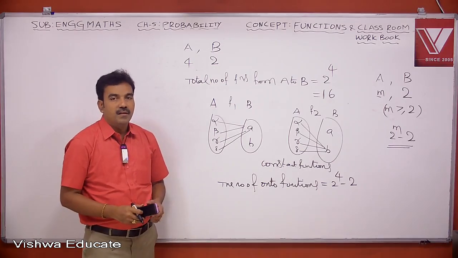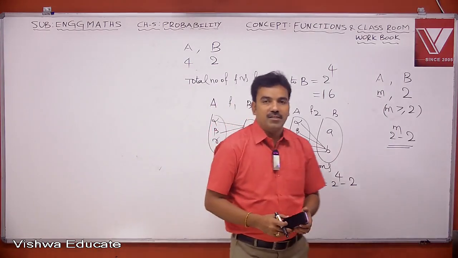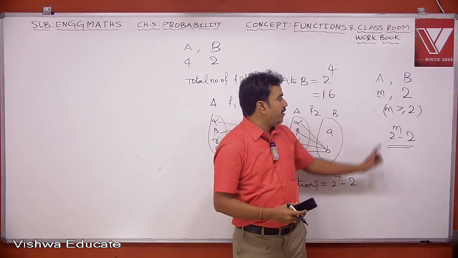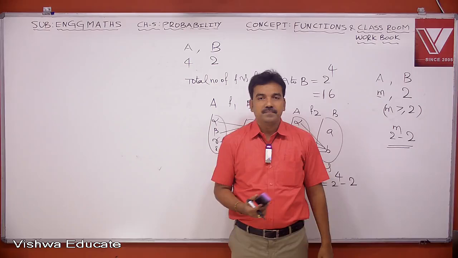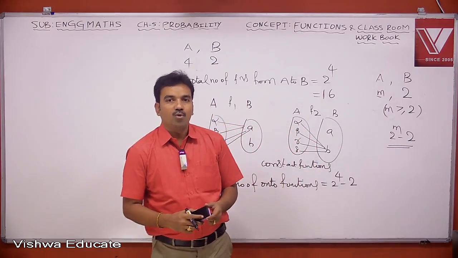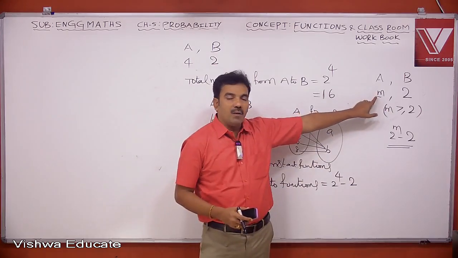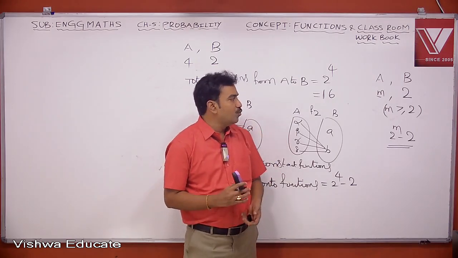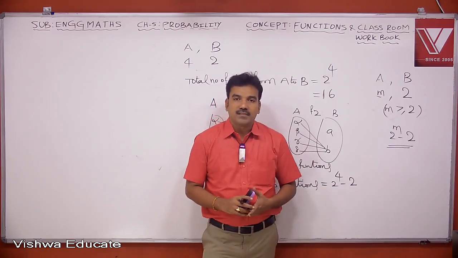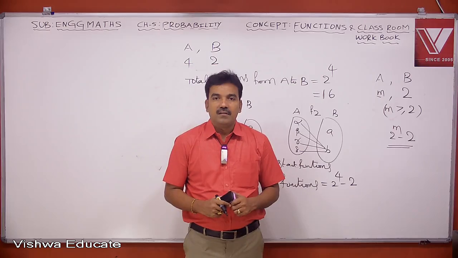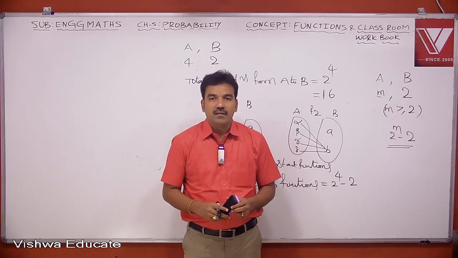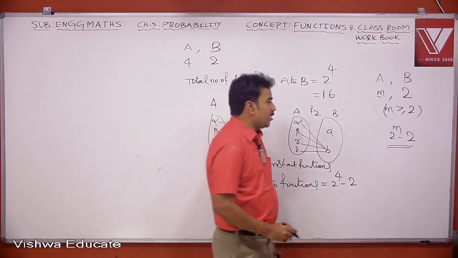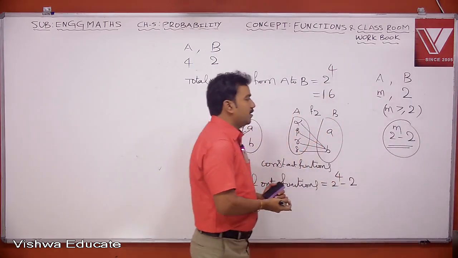Note, if A comma B are two finite sets having m comma 2 elements respectively, where m is greater than or equal to 2, then the number of onto functions from A to B is 2 power m minus 2.